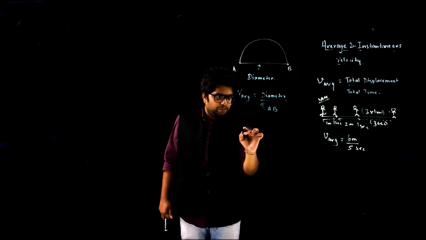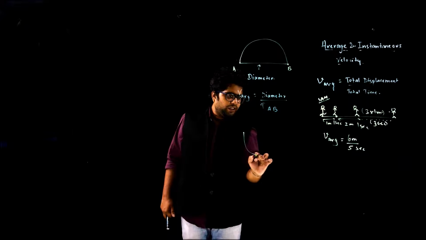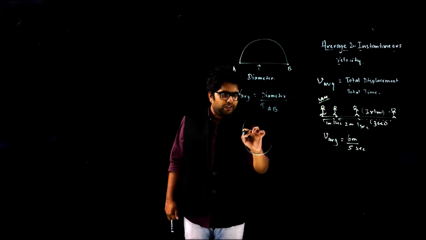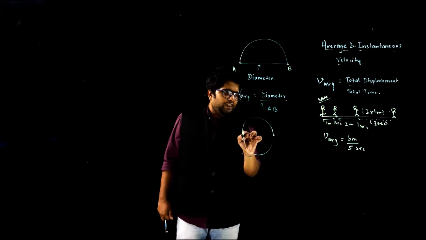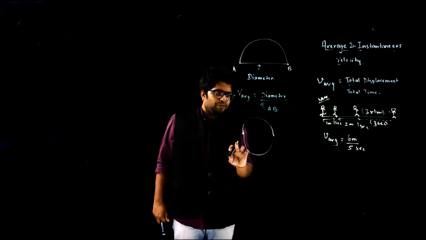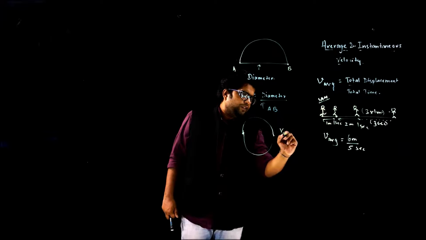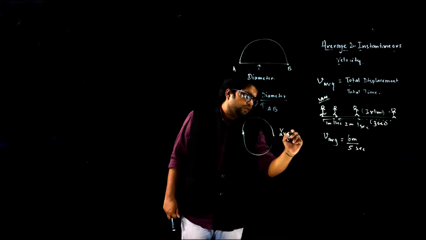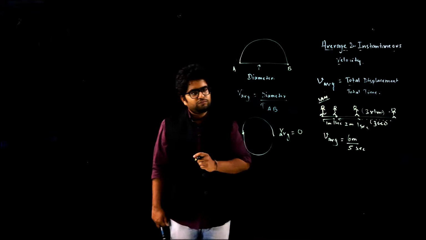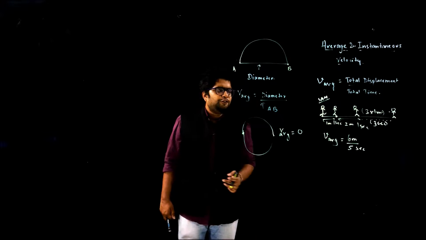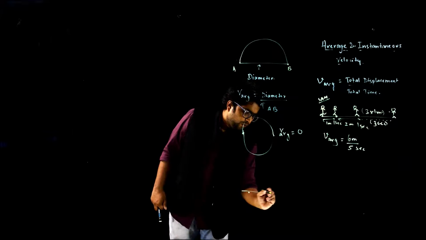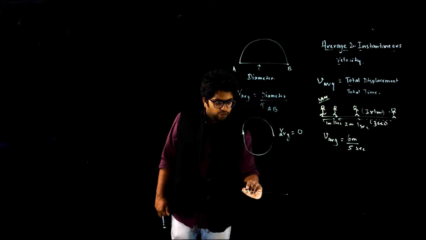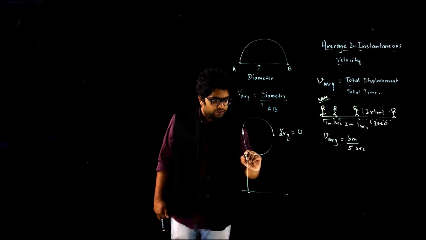Let's take another example for average velocity to make the point clear. Let's say a particle moves in a circle and reaches back to the same point. Net displacement in this case is 0. So average velocity in this case will also be 0. Another case for average velocity 0 is, if let's say you are throwing a ball from the ground and the ball goes like this and comes back.